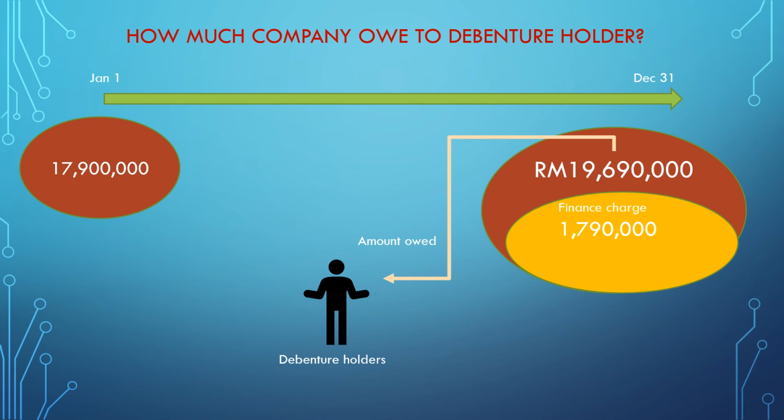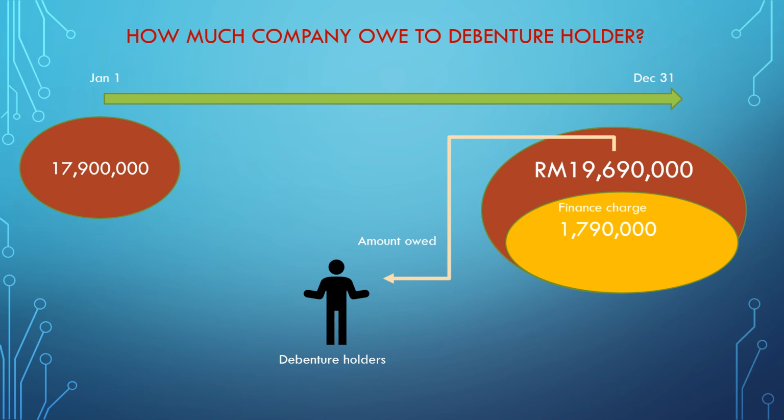That is the initial recognition value multiplied with the effective rate of interest, the finance charge of 1,790,000, and this finance charge must be added to the money we owed to the debenture holders on 1st January.